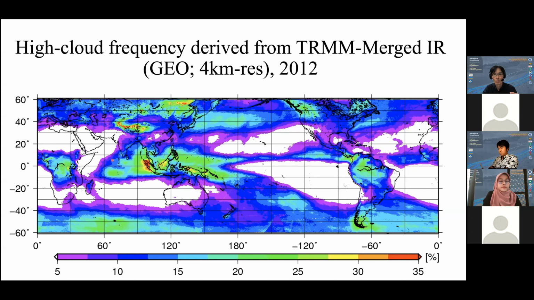And there is meridional contrast in the Pacific Ocean. The warm pool is relatively high, and near South America the frequency is very low because of the low-level cloud, which is dominant here. So even though this is one channel's data analysis, we can see the climatological features of the cloud coverage.